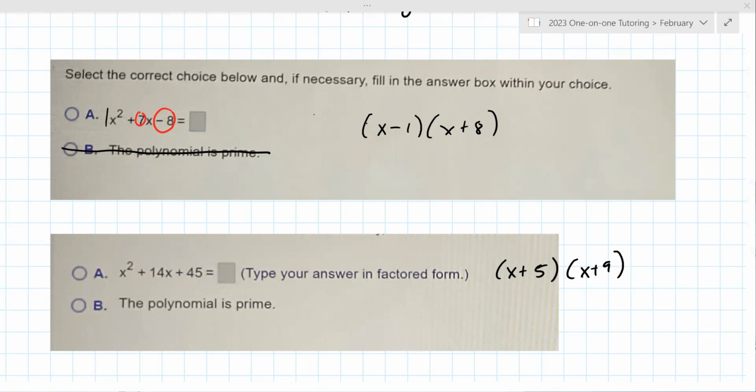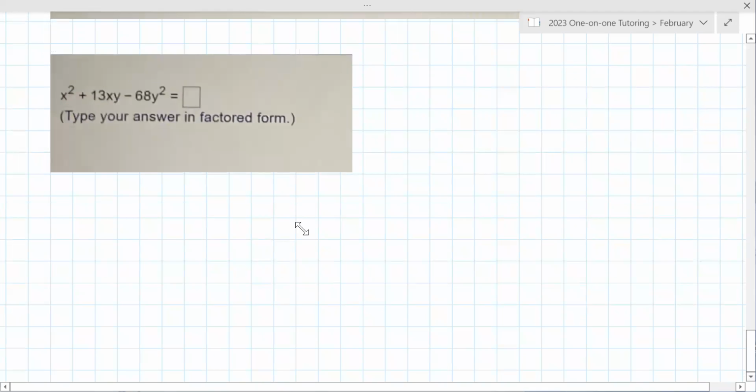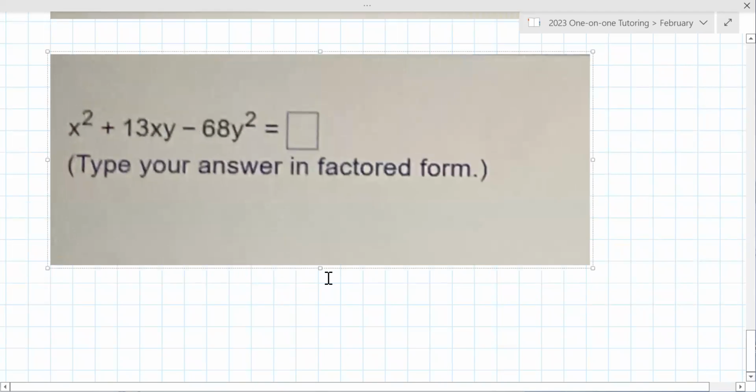All right, let's look at, just trying to debate which one to do here. Okay, let's look at 11 next. All right. So when you see them with two variables like this, do you remember what we did the other day?